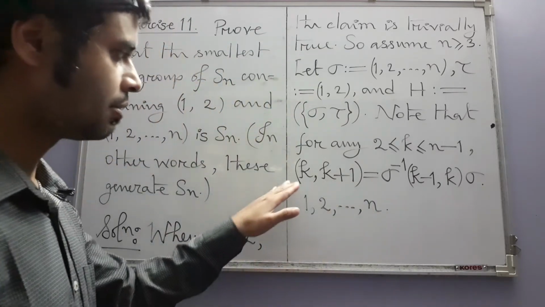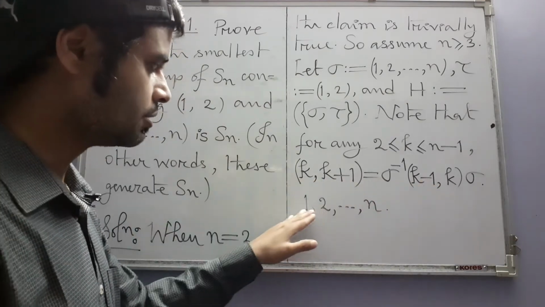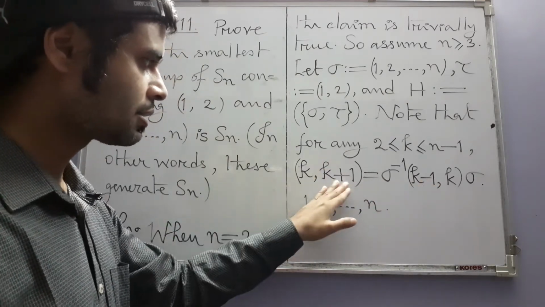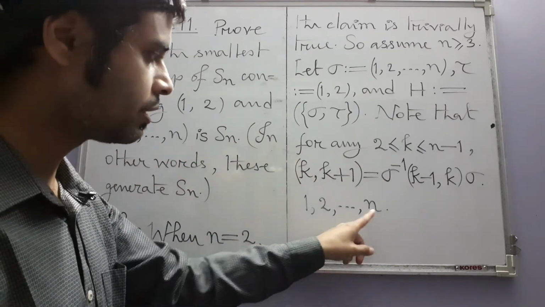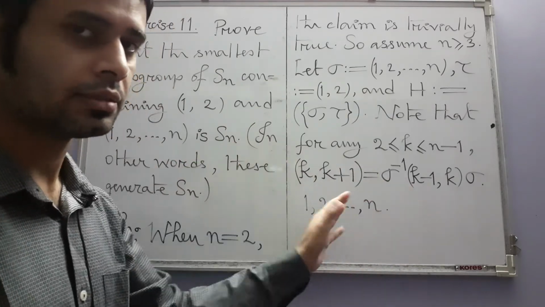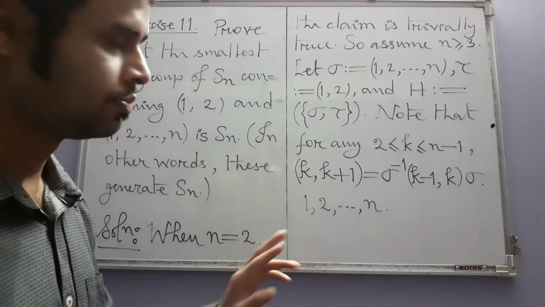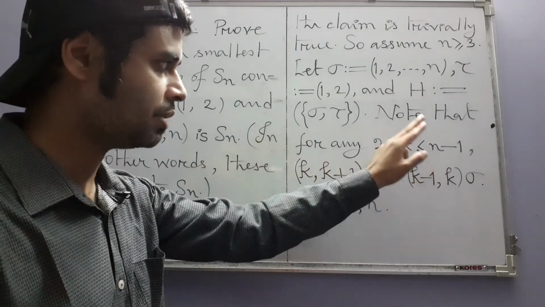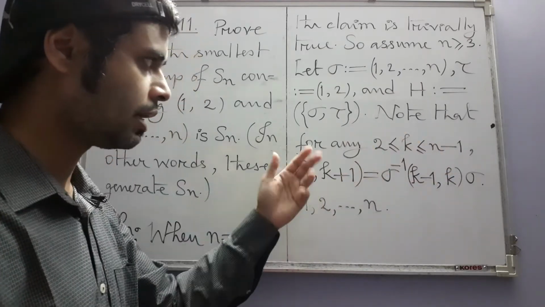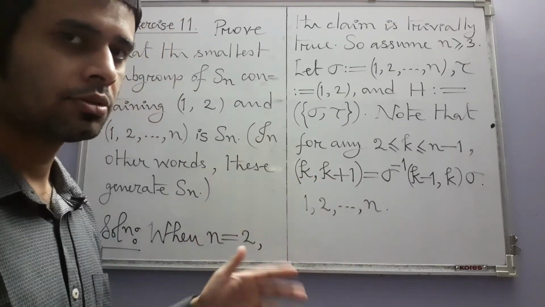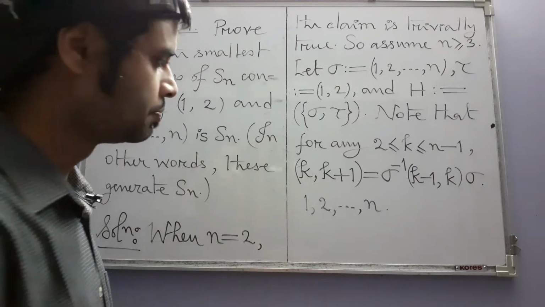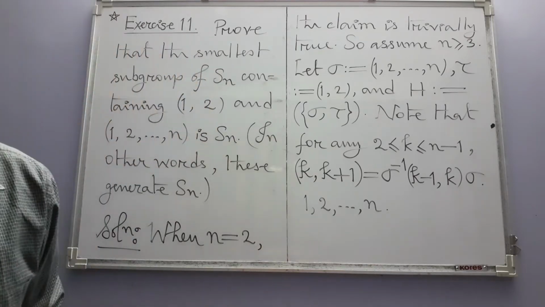So while you are writing something general like this, if your symbols somehow cross the threshold of n, then that means there is something wrong. Here however there is no problem. Even when k is n minus 1, the largest possible value, still k plus 1 is n. So it's within the limits. Okay, fine.